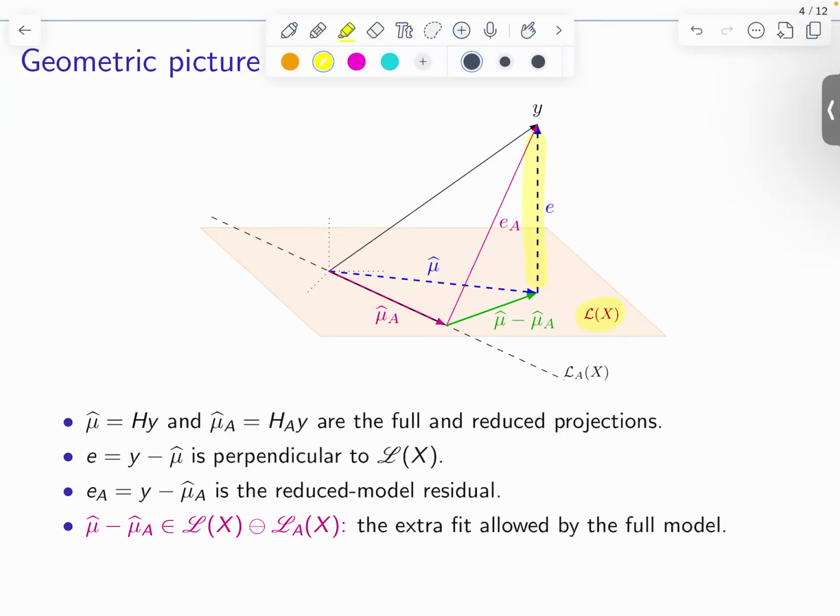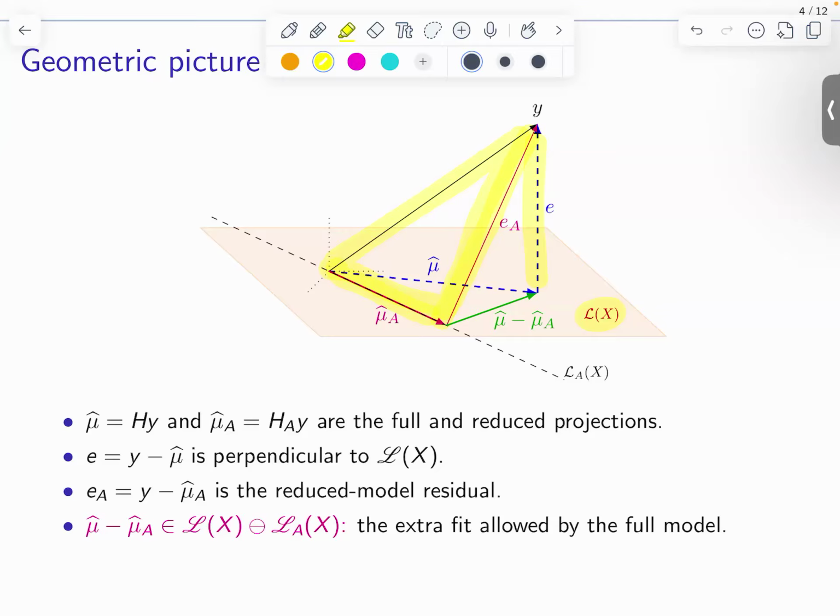In particular, it's going to be orthogonal to mu hat A and the difference. But we also know more. For example, e_A is going to be orthogonal to mu hat A and anything in L_A(X). And so this triangle is going to be a triangle with a right angle.